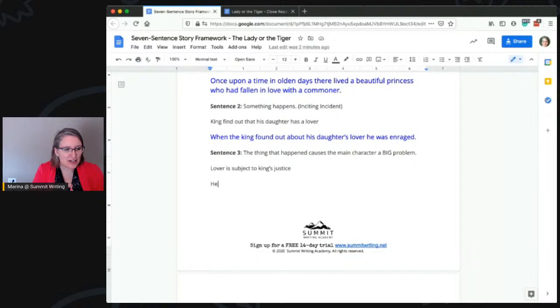The main character. So when the king found out about his daughter's lover, he was enraged. The lover was immediately thrown into jail, and what did they call it?